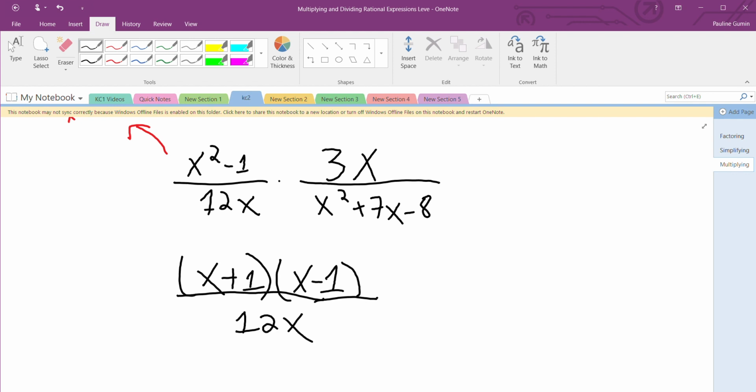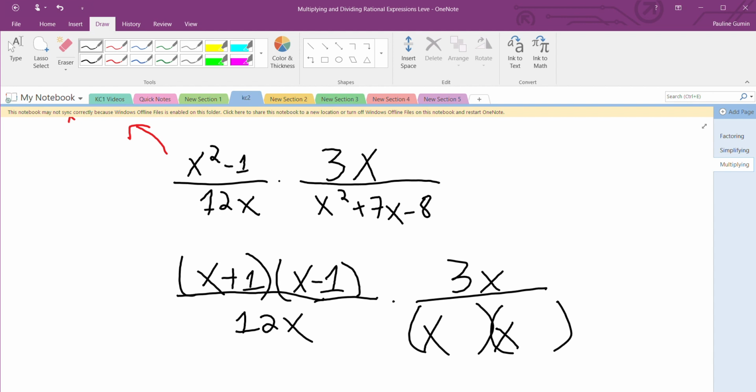We can't factor monomials. 3x is also a monomial, so there it is. For the bottom of the second fraction, two numbers that multiply to give us -8, and when we add them, we get +7. That would be +8 and -1.